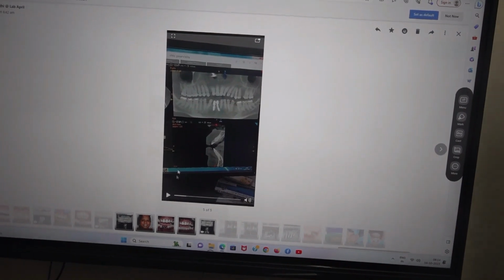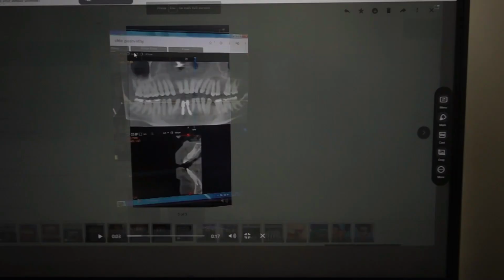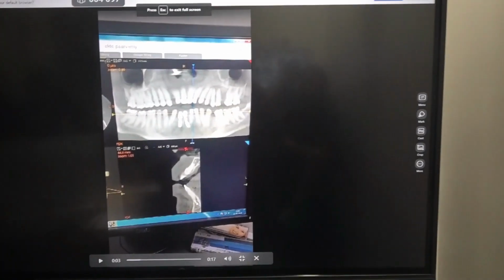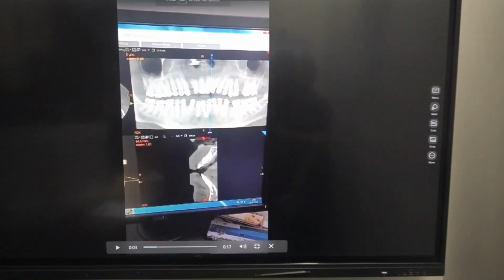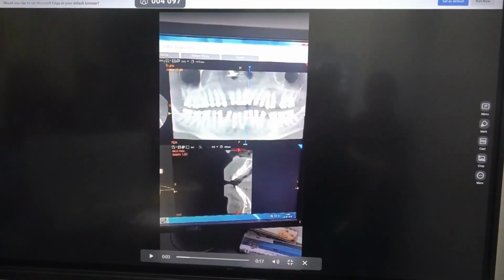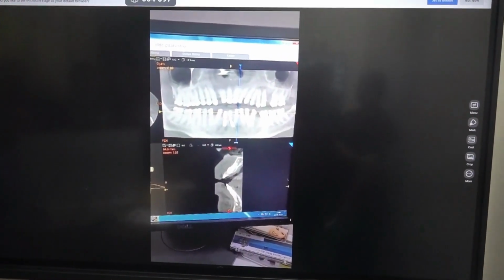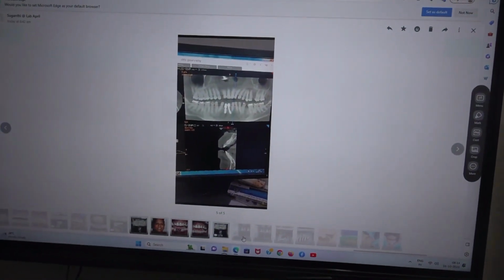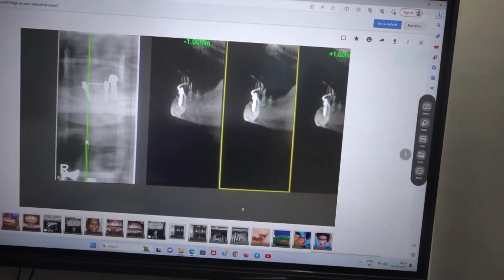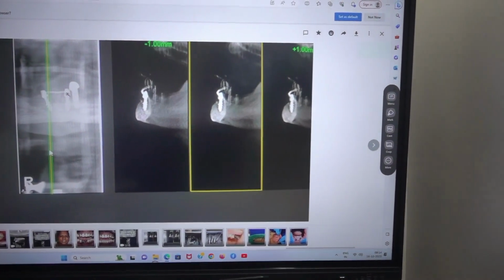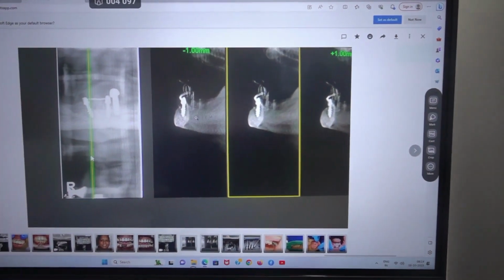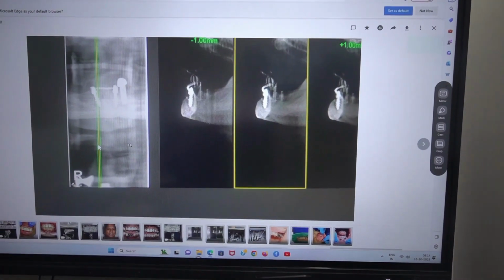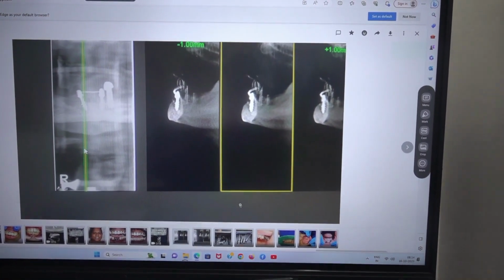Yeah, you can see. See the apex. The implant tip is resting on the apex, so it will be interfering with the periapical blood supply. So these are the X-rays sent by one doctor. Firstly, the patient was having constant pain in this.